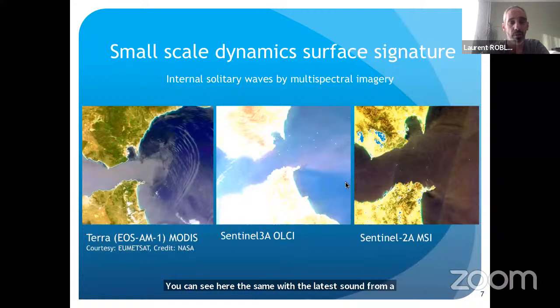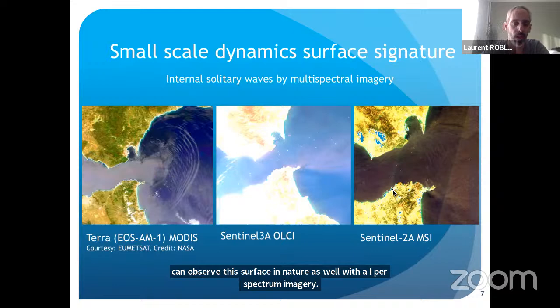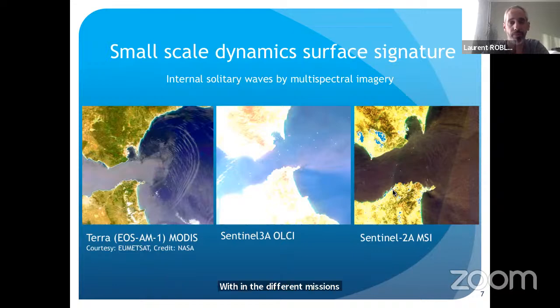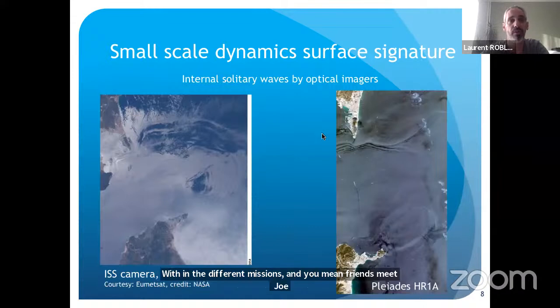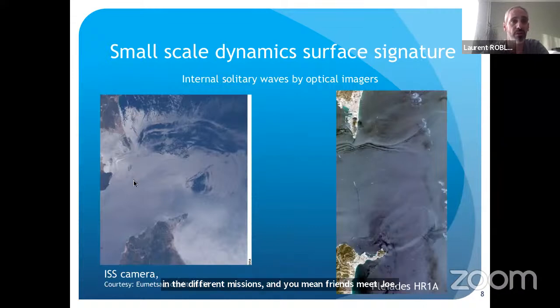You can observe this surface signature as well with hyperspectral imagery with different missions and different imagers. You can see also this surface signature here from the ISS, the International Space Station, or with the Pleiades optical imager.